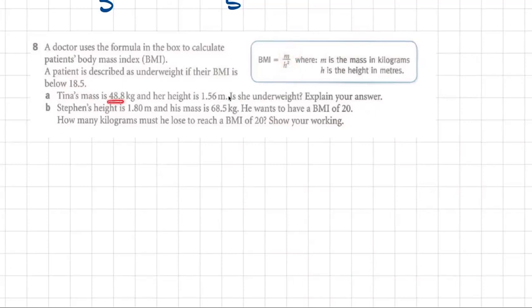Tina's mass is 48.8 kilograms. Height is 1.56 meters. Is she underweight, yes or no? Let's just calculate the BMI.